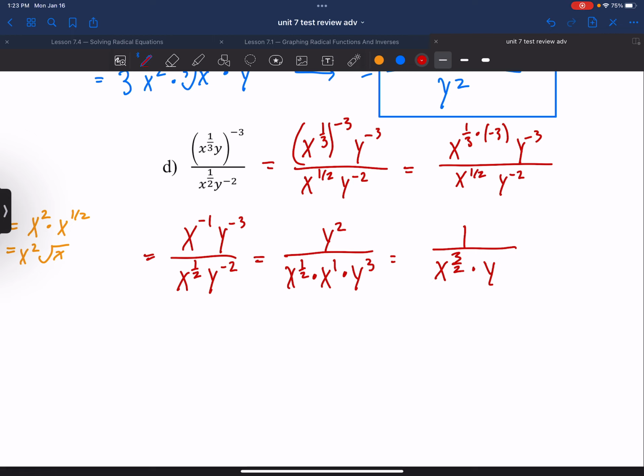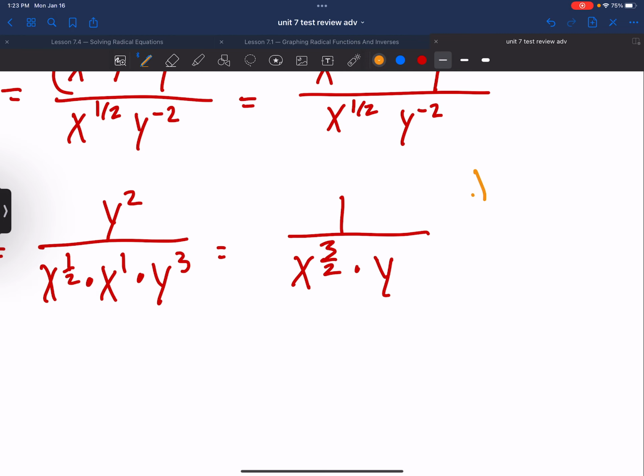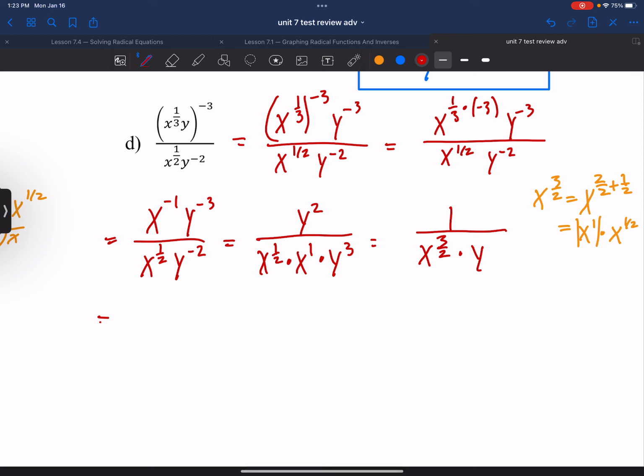And okay, maybe you could leave it like this, but x to the 3/2 is x to the 2/2 plus 1/2, which again is x to the 1 times x to the 1/2. And that's absolute value x, okay? So I could say that this is equal to 1 over absolute value x square root x times y.